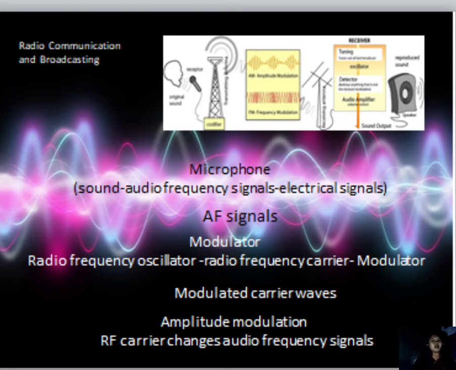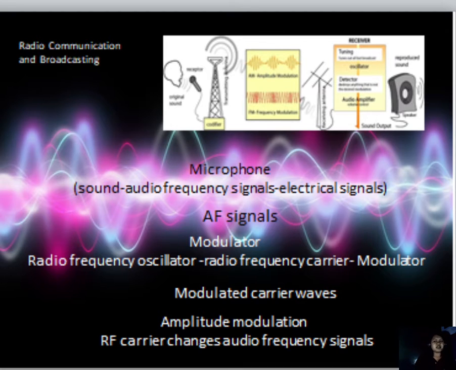These are the applications. First, we have radio communication and broadcasting. Of course, it falls under the radio wave. As you noticed in the picture, there is a man holding a mic, there is an antenna, and so on. So we have first the microphone.